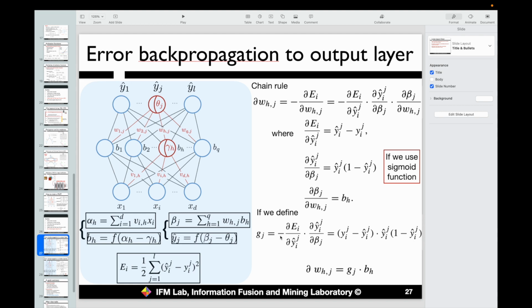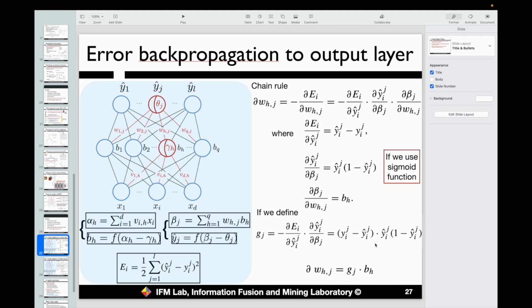You can see right here we have one negative mark. However, in the result, we have no negative mark. The main reason is that we switch the position. Originally, we have the partial derivative of E with respect to y hat equals y hat minus y, where y is the ground truth. If we move this minus into this term, we have y minus y hat instead for the GI definition.